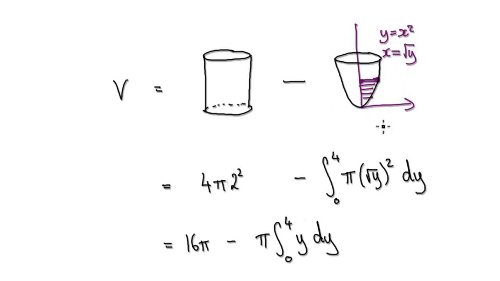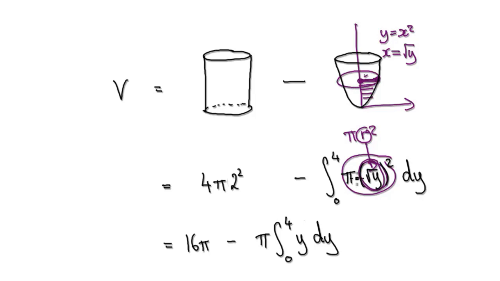So that would be this distance here. The x distance is this thing here. Quickly, pi r squared it. Revolve it 360 degrees around here.